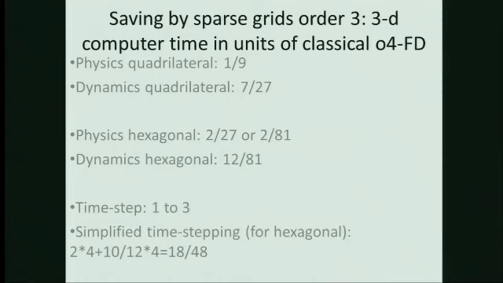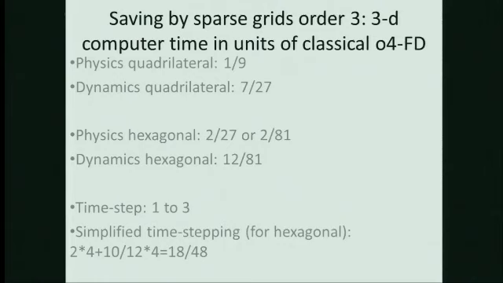And here in the dynamics, you have in 3 dimensions so few points already in the quadrilateral that the saving is 7 against 27. So it's really worthwhile speaking about. If you do it the same in the hexagon, you have 2 to 27, or if you do it in the 3rd dimension, 2 to 81. And for the dynamics, it's 12 to 81.